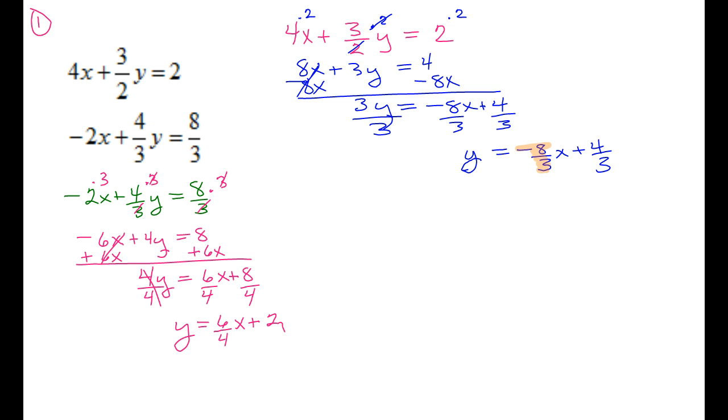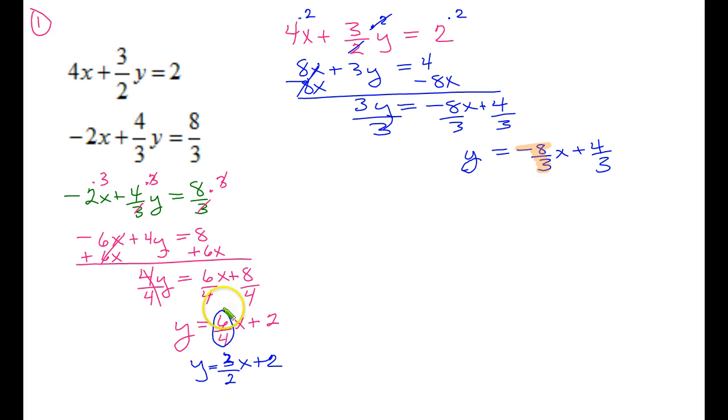Now if I leave it like this, I'm going to think that these two lines have different slopes, and they might very well have different slopes. But I want to get in the habit of reducing this fraction if I can. 6 and 4 are both even numbers, so I can divide them by 2, and that would give me 3 over 2. 2 goes into 6 3 times, 2 goes into 4 2 times. So I'd have y equals 3/2 x plus 2 for my final version.